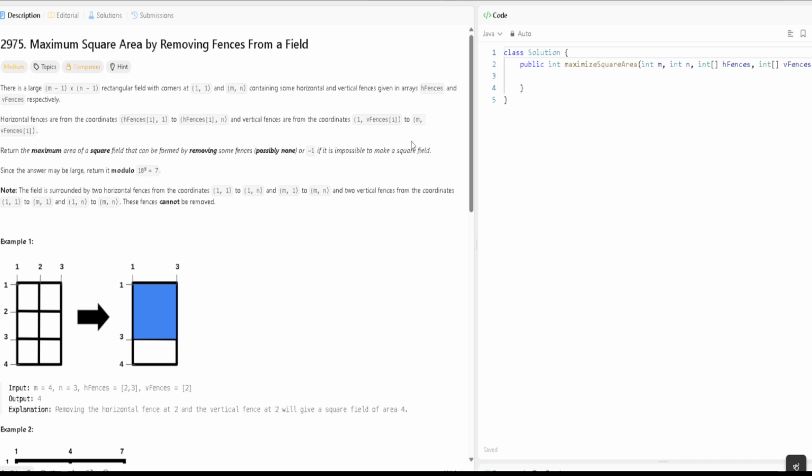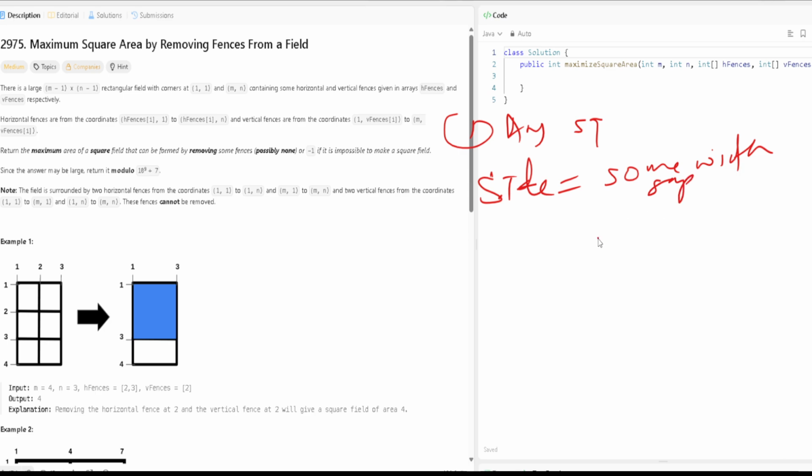Let's take a simple thing: any square should have a side, let's call it the side. It should be some width gap, which is equal to some height gap.